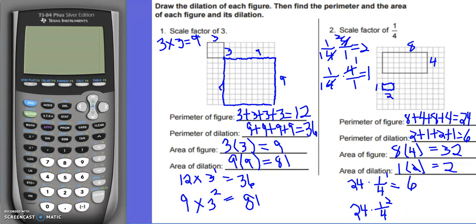Okay, so we can square that. We get 1/16. Oops, I wrote it wrong, sorry. We get 1/16 times 32, and we get 2.